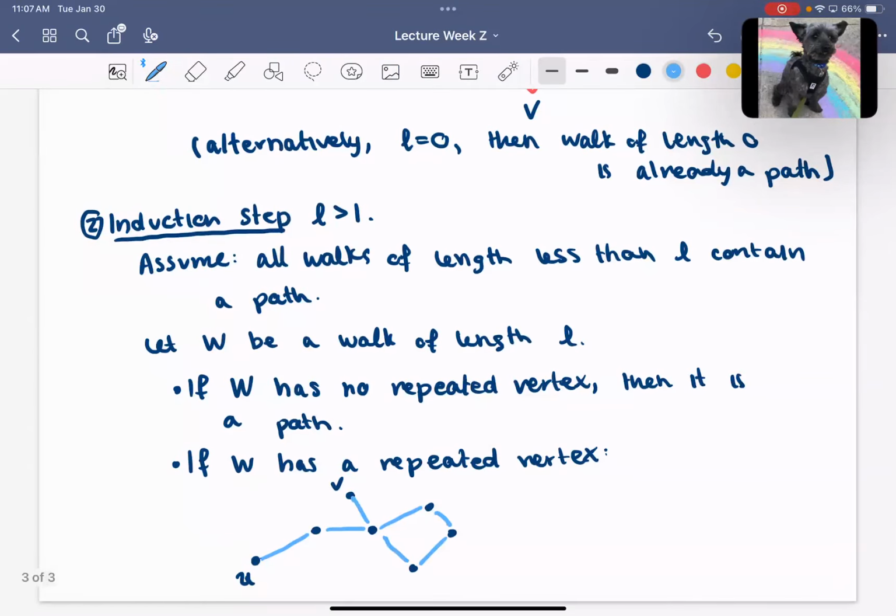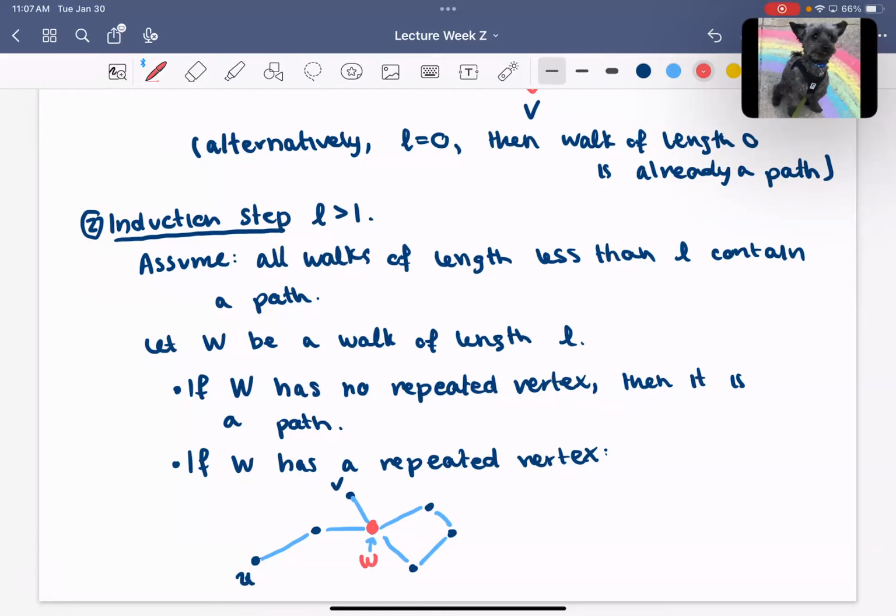Okay, so we have this repeated vertex. This appears twice in the walk. So what I'm going to do is just delete all the edges and vertices in between the appearances of that vertex.